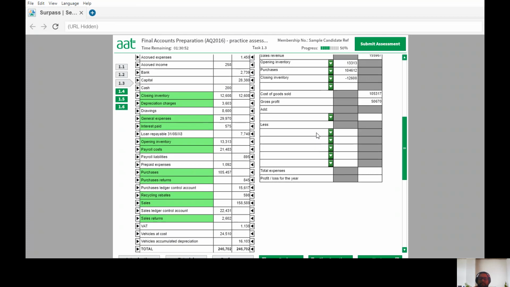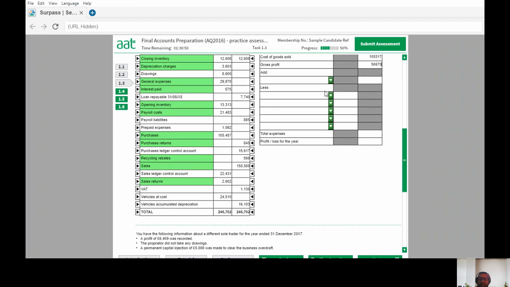And then we're going to add anything else that needs to go here. Remember, there is one income we can't ignore. This is going to be your recycling rebates. This is money coming into the business, and therefore it is going to be recorded as an income.